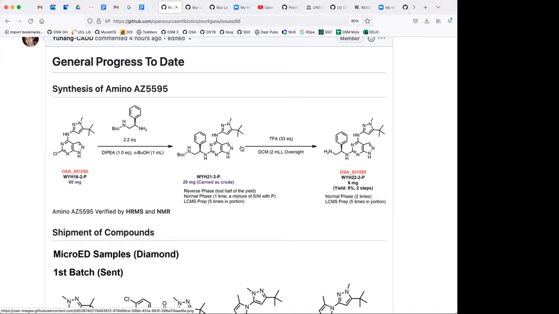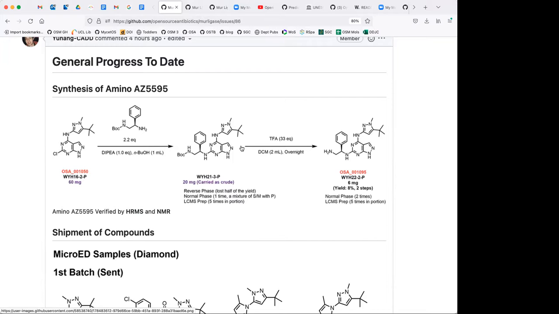The only way to do it is to use an amino normal phase column, then further purify by HPLC, LCMS prep. Still, I cannot separate the bulk protected product from the starting material. So I have to carry it as crude to the next step, TFA deprotection.